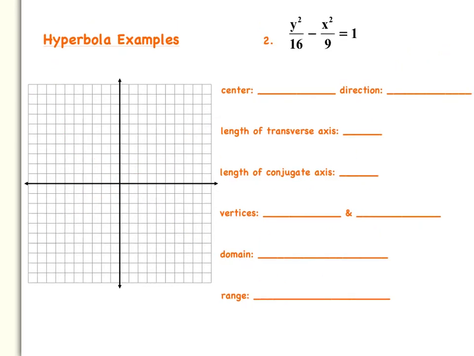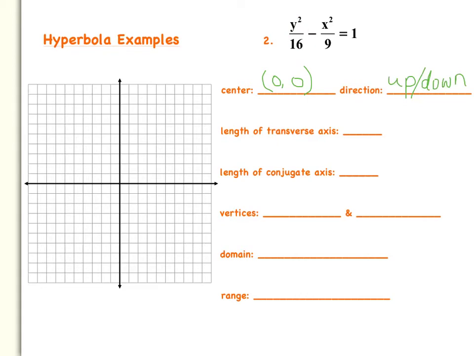Now in example number 2, again, in the equation there are no h and k values, therefore h and k are each 0. So our center is 0, 0. And for the direction, well, if you look, it is the y squared divided by 16 that is the positive term. So that means this is a vertical hyperbola, so the direction is up and down.